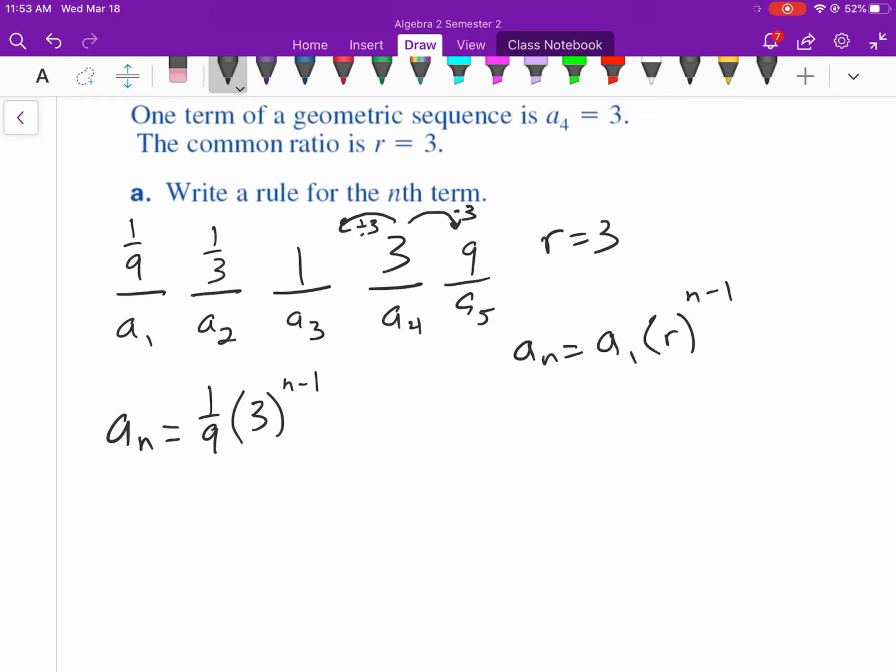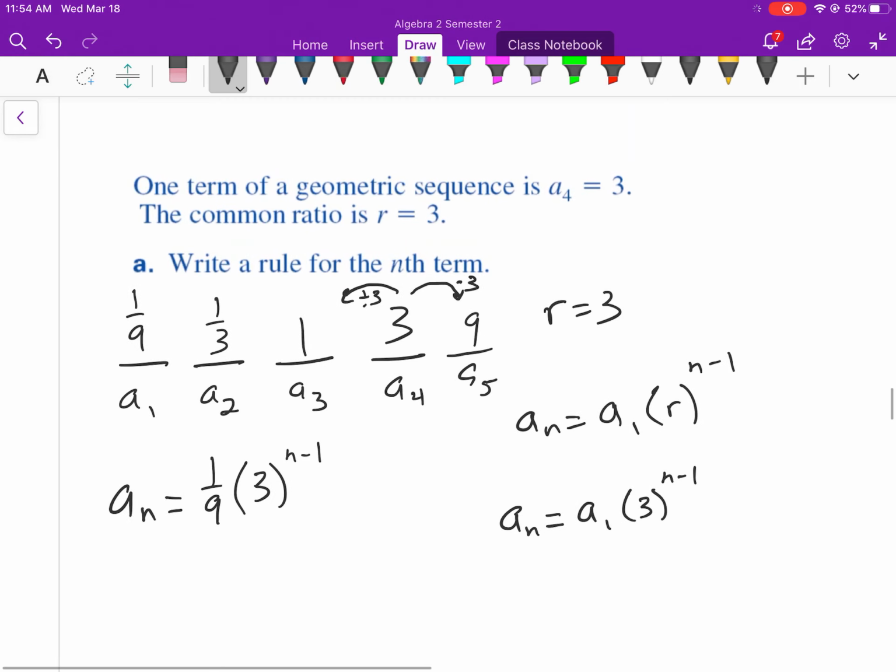Again, if we didn't have a case where we're so close to the first term, this is what we're going to do. We know that the common ratio is 3, but I don't know a1. But if I take 3 and I plug it in, I get a sub n is equal to a1 times 3 to the n minus 1. And then I'm also given a term.